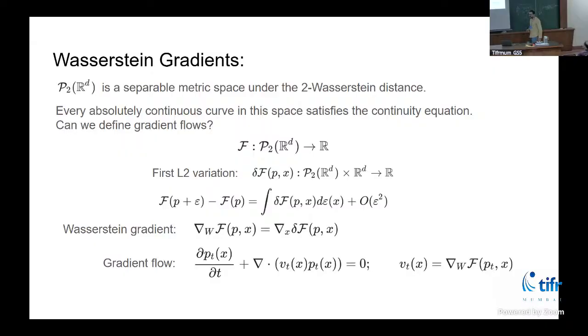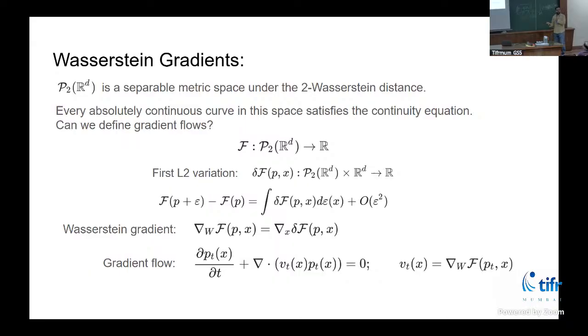And then there's a lot of theory developed in the late 90s and early 2000s which said, what is the right notion of gradient here? The Wasserstein gradient, in the space of probability distributions: you take this L2 variation, whose input is a probability distribution and a vector, and it gives you a number. But then what is the Wasserstein gradient? You take the gradient with respect to x of this.